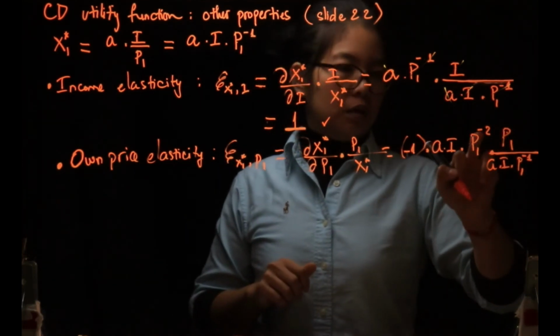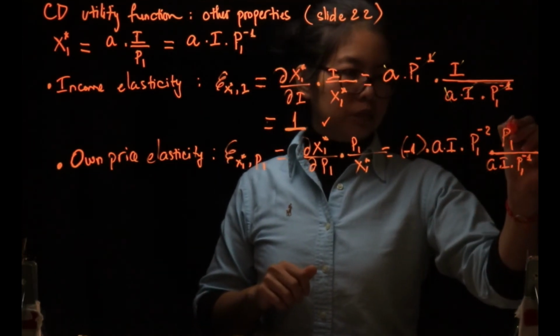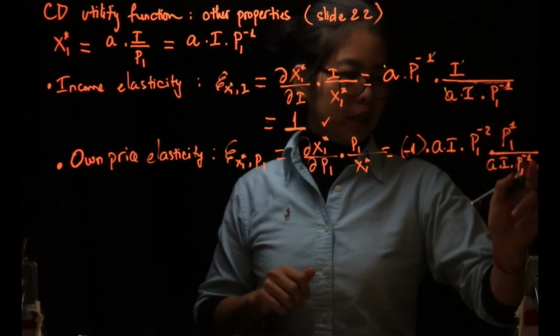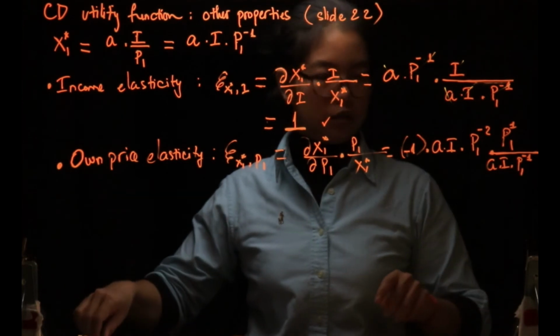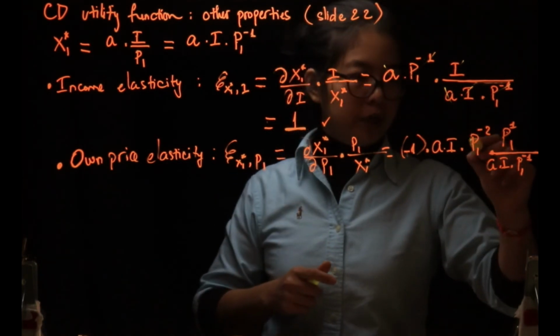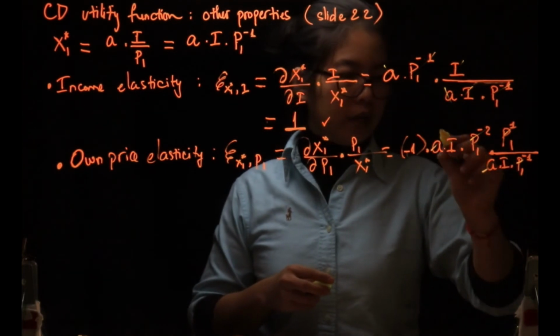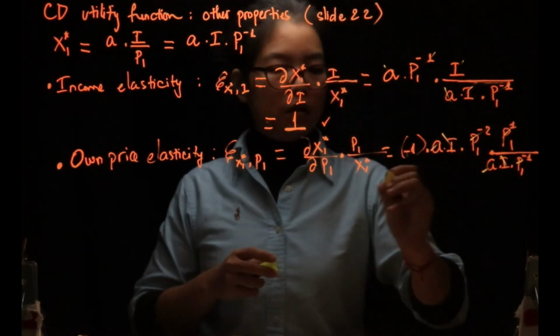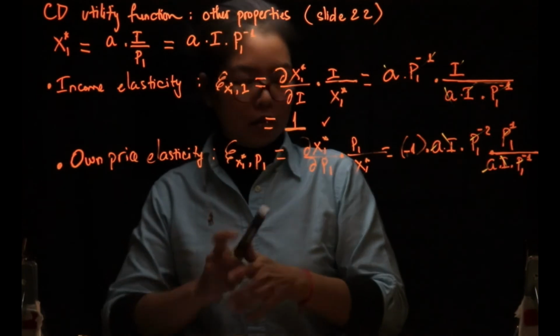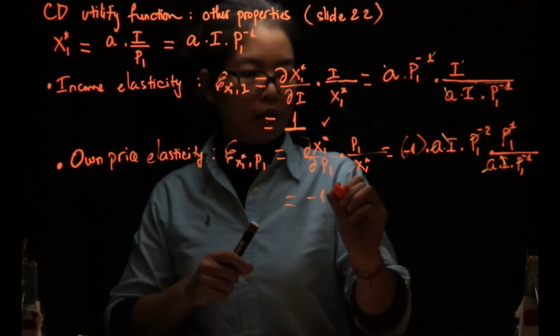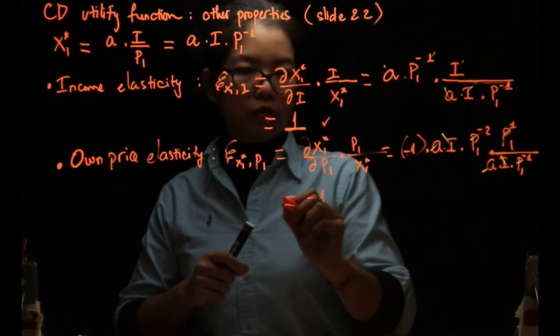Simplified. Minus 2, here is 1, plus 1, so minus 1 and minus 1, so it's gone. Every piece gone. A gone, I gone. At the end, that is minus 1 left, right?